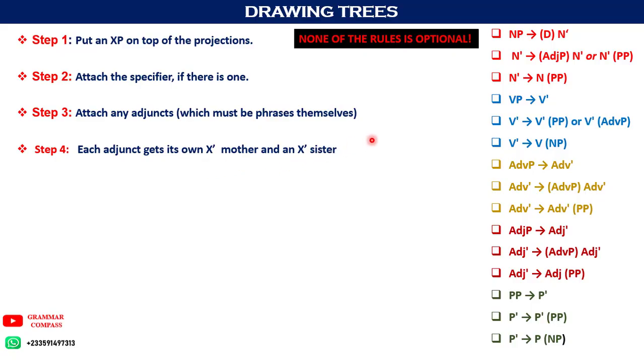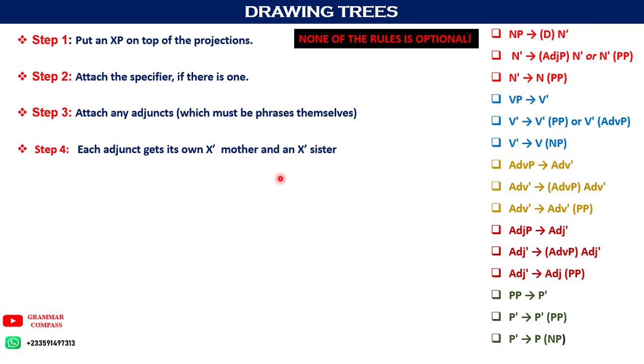So make sure that on top of any adjunct there is an X bar. For example, on top of any adjunct of the noun phrase, there must be an N bar. Then that adjunct should be a sister to the N bar. If it is a prepositional phrase, it should be a sister to the N bar and a daughter of the N bar.